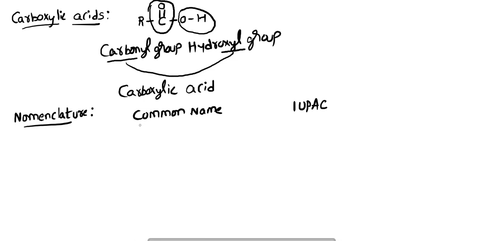For taking the common names, there are no particular rules. It depends upon source and person and place. When you go for IUPAC names, we have specific rules. Mainly for carboxylic acids, we use the word oic acid. This is the word we use for carboxylic acids according to IUPAC.